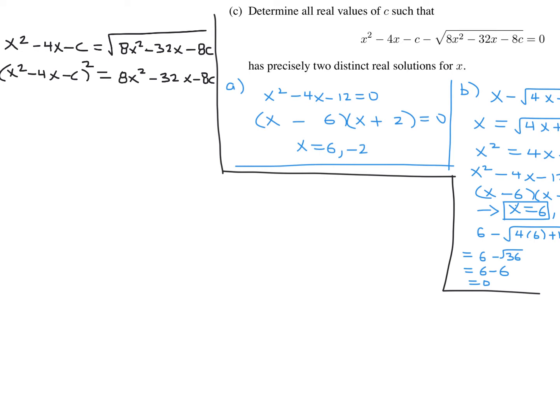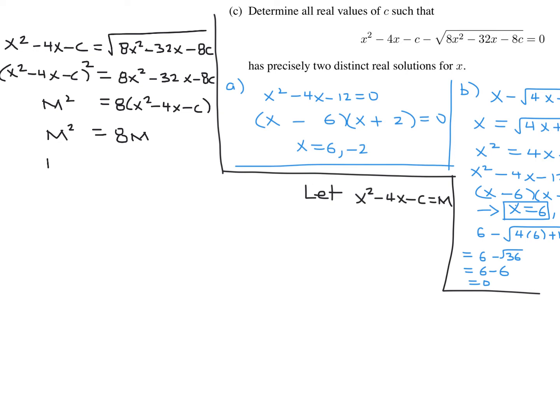So if I let x squared minus 4x minus c equal to something, let's call it m, then I think I can get this in terms of m also, because if I factor out an 8, it's x squared minus 4x minus c. Yeah, exactly what I thought. So if I let this equal m, this will become m squared, and then it would basically be equal to 8m. Yeah, that's a better approach, I think. Okay, so let's do it that way.